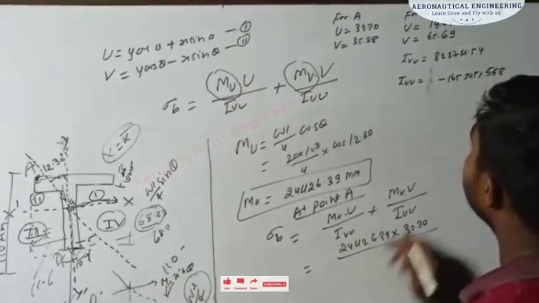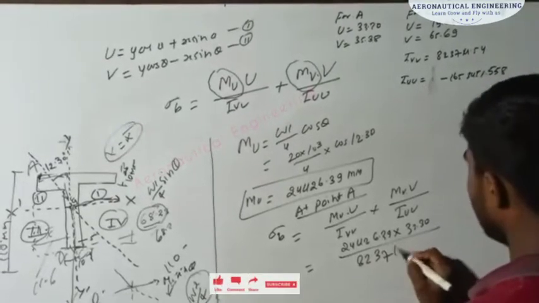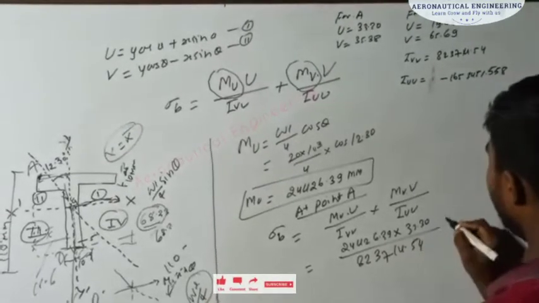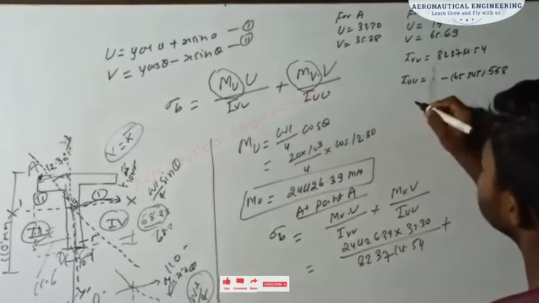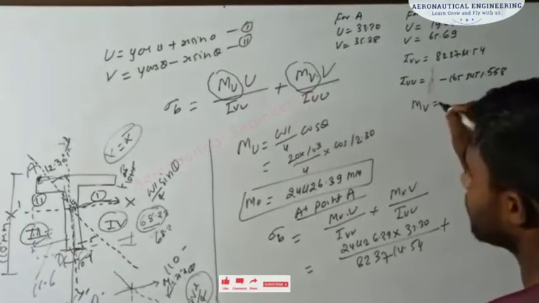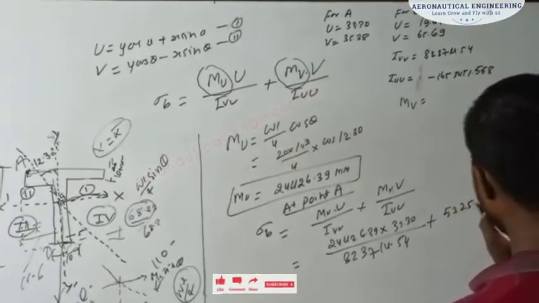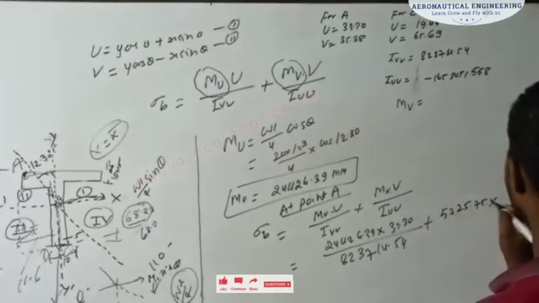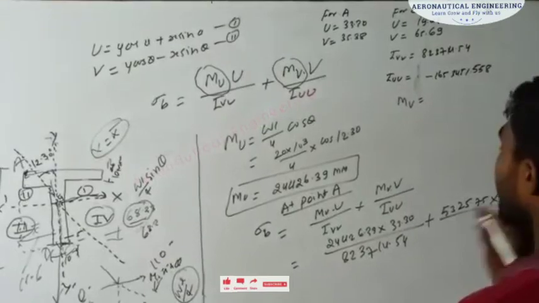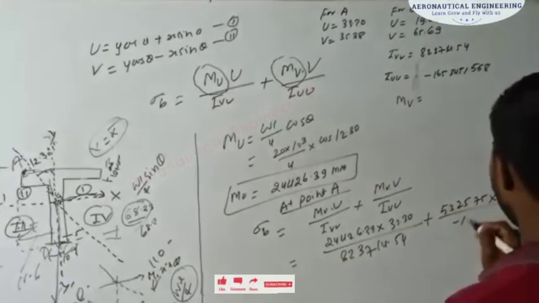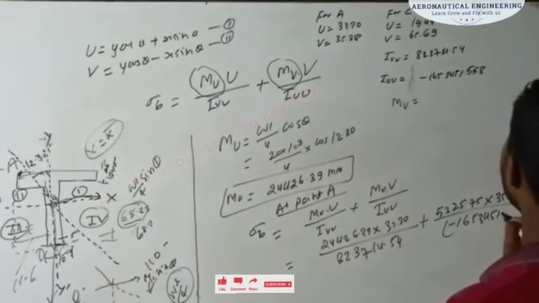Now Ivv value is 823714.54, plus Mv value 5325.75 into v value for point A is 35.38 upon Iuu, minus 1653451.558.